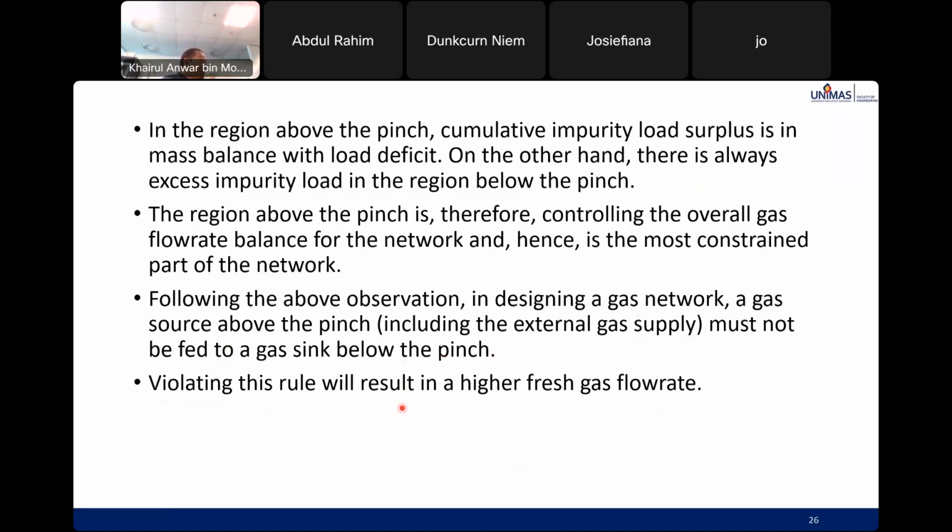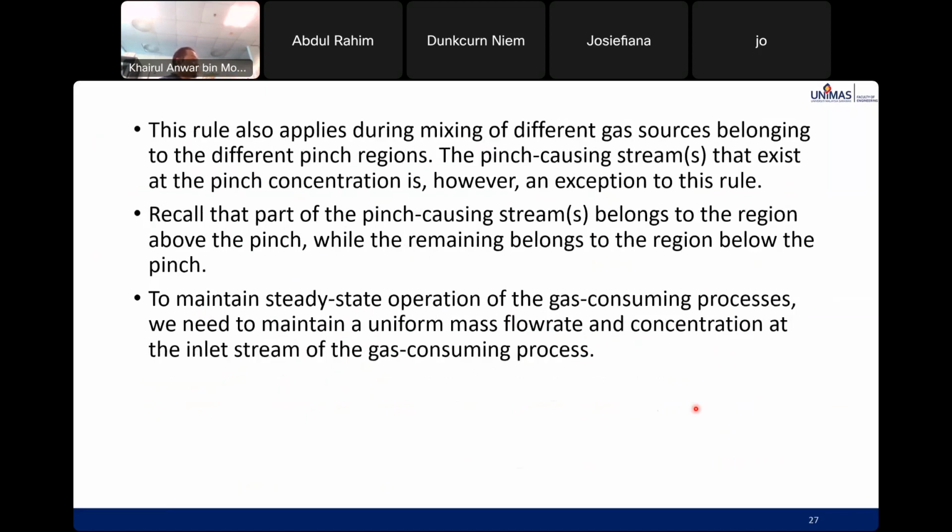Violating this rule will result in higher fresh gas flow. This rule also applies during mixing of different gas sources belonging to different pinch regions. The pinch causing streams that exist at the pinch concentration are, however, an exception to this rule.